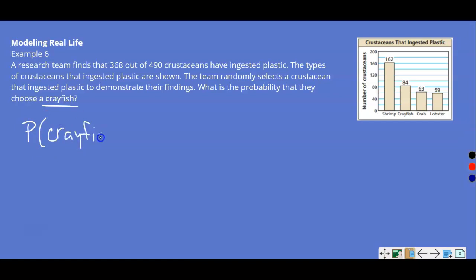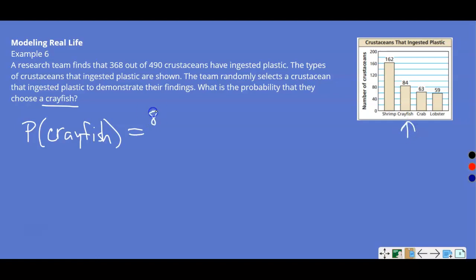I'm just going to put crayfish here because all of these in the table are crustaceans that ingested plastic. So we know if it's coming from the table, it's a number that ingested plastic. So the probability that this number is a crayfish would be 84.